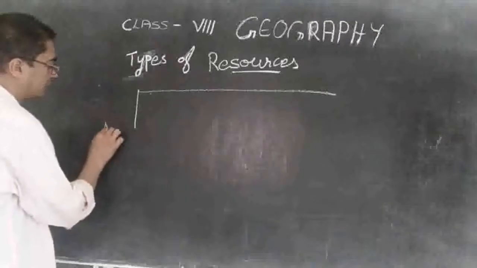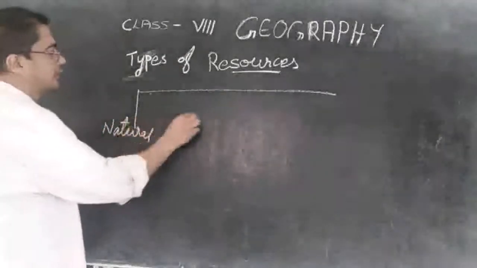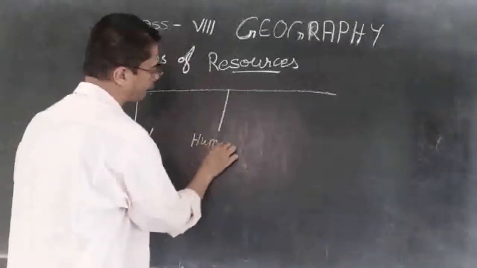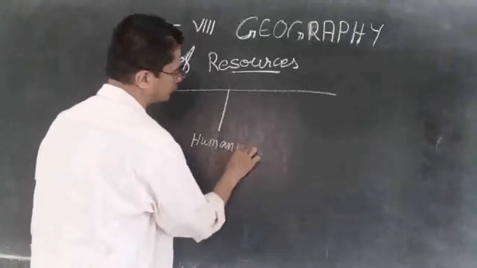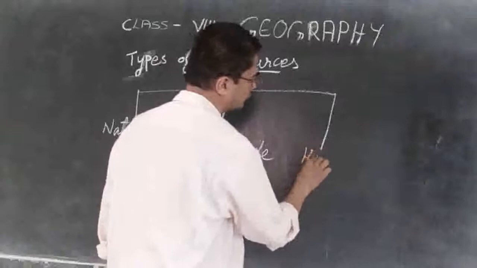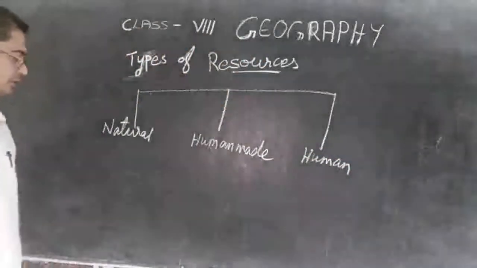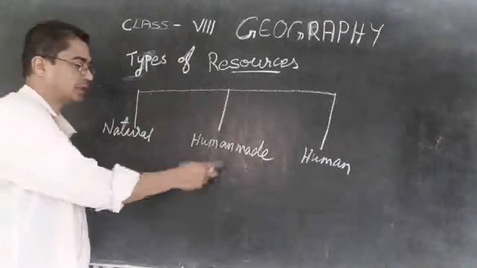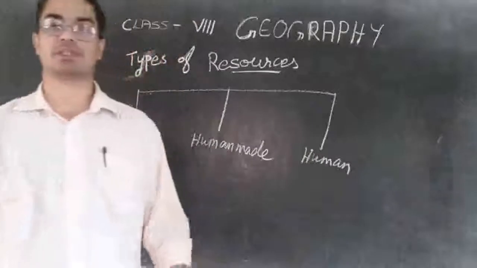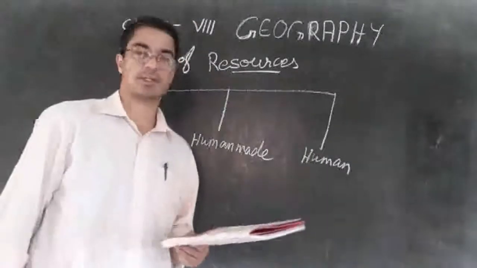One is natural, second one is human made, and third one is human itself. So three types of resources: natural resources, human made resources, and human resources. These are the three types of resources. Then let us see one by one.